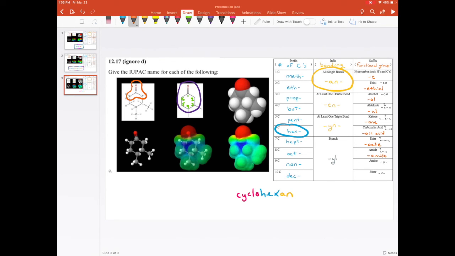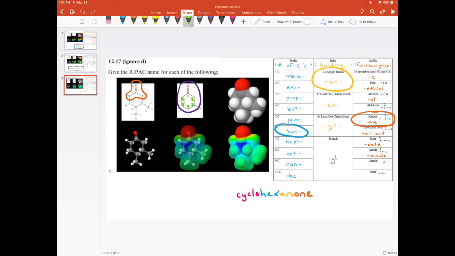You can see that here. It's a carbon double bonded to oxygen, and that same carbon has a carbon on both sides, and the suffix for a ketone is ONE. So this is cyclohexanone.